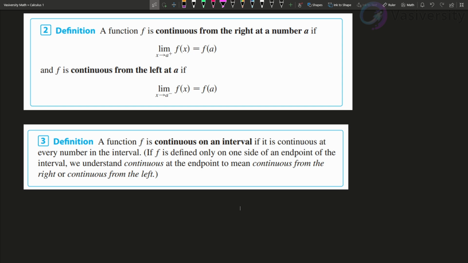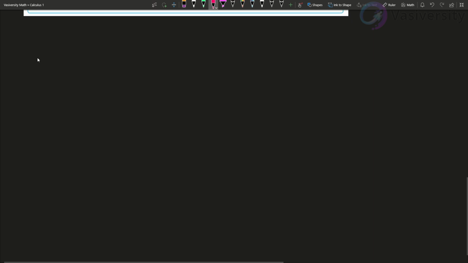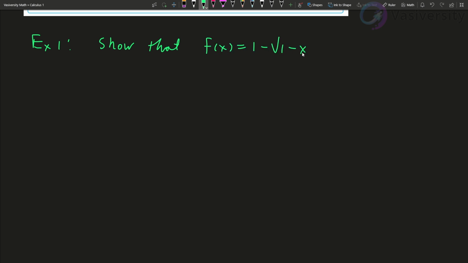Here is an example. We want to show that f of x, which is equal to 1 minus the square root of 1 minus x squared, is continuous on the interval from -1 to 1.